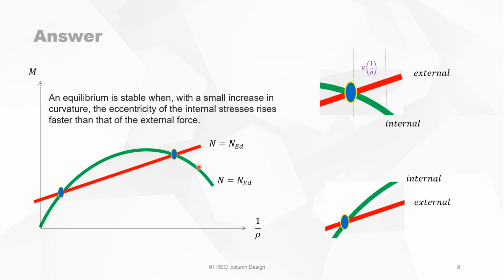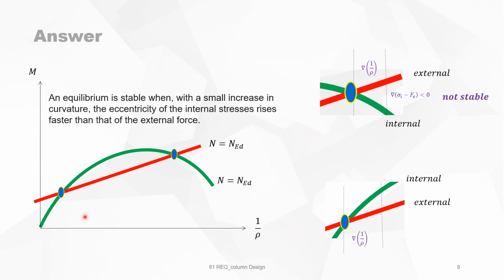Then you will see, if you make this larger, that for a small increase of the curvature, the external forces are growing faster than the internal forces. So it means that the difference is negative. So it means that you do not have a stable condition.